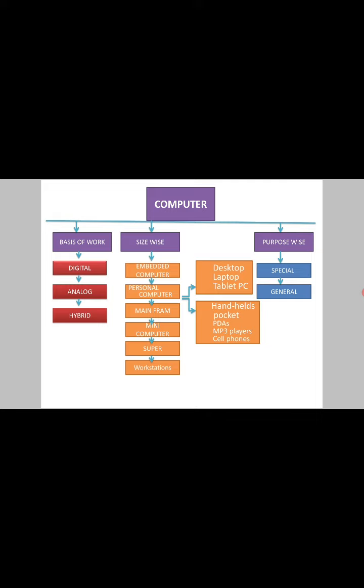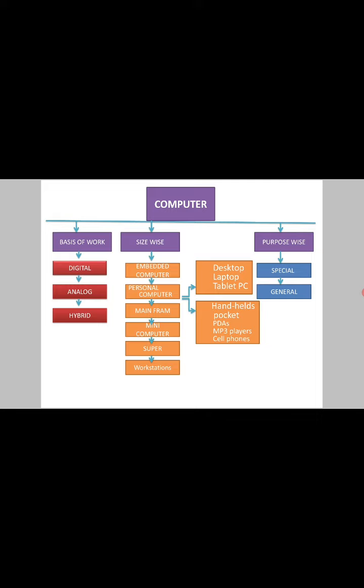And analog computers. What does analog mean? Analog computers are used to measure data and information for special purposes, like to measure blood pressure, BP, or heartbeats.